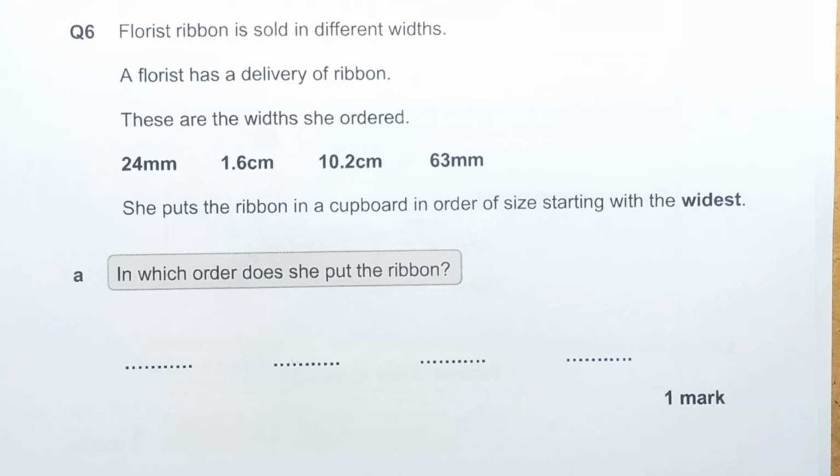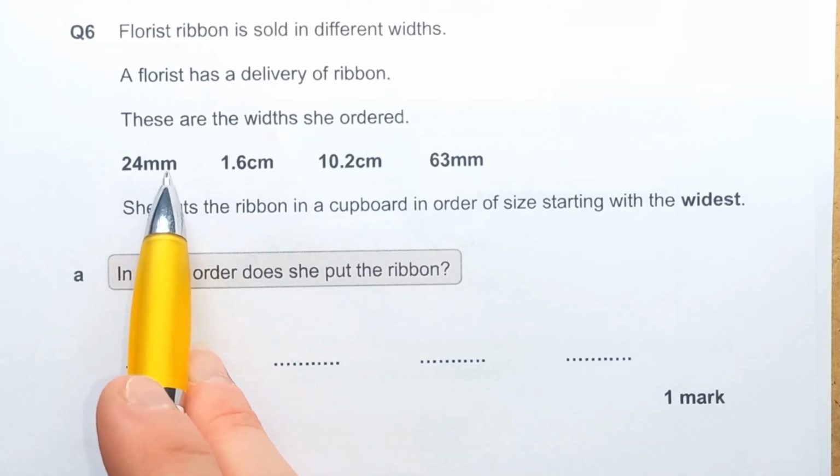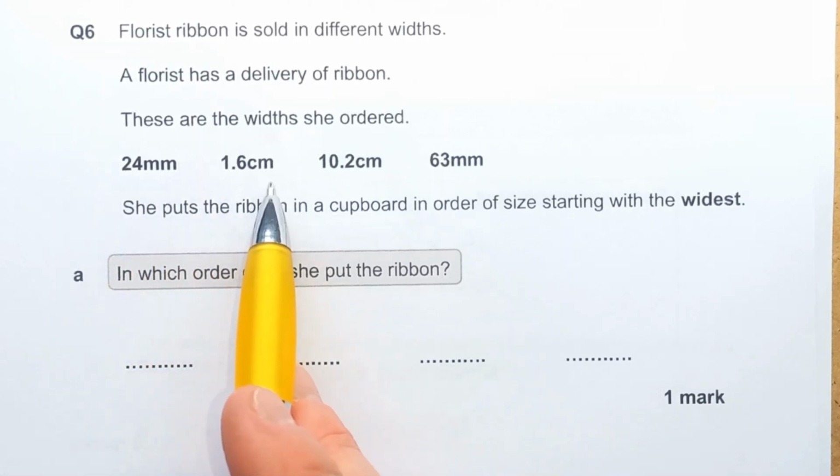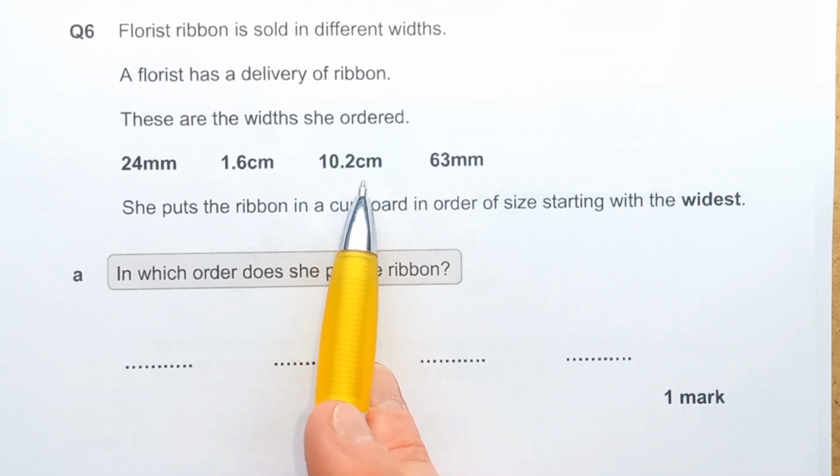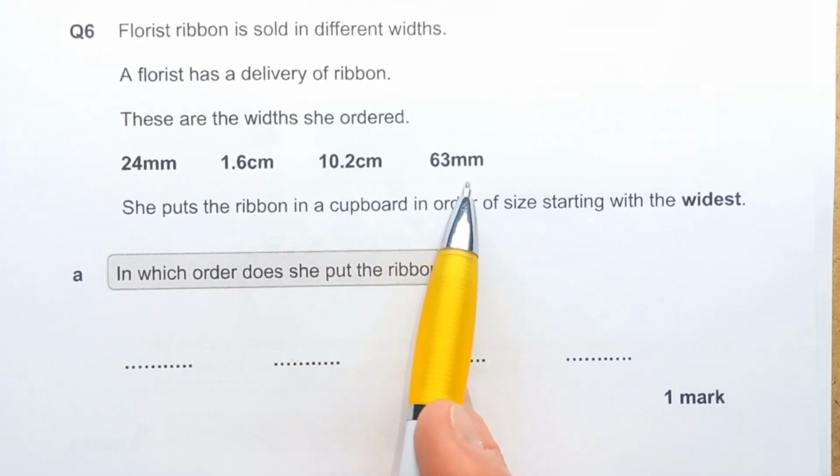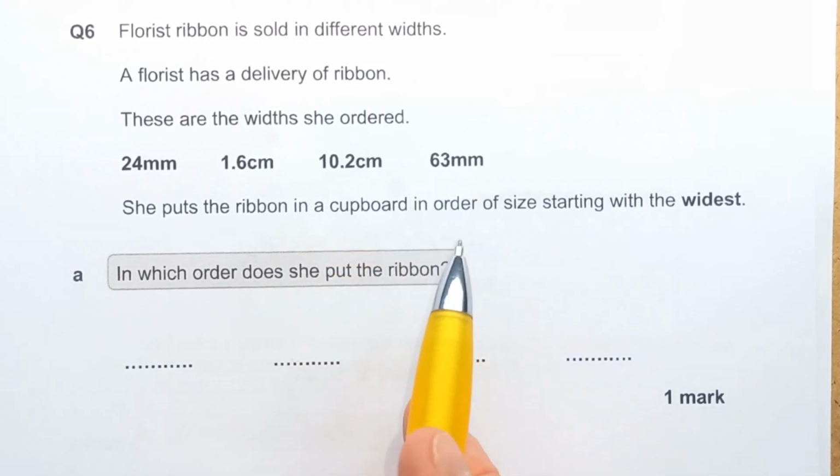Question 6. Florist ribbon is sold in different widths. A florist has a delivery of ribbon. These are the widths she ordered. So we've got 24 millimetres, 1.6 centimetres, 10.2 centimetres, and 63 millimetres.